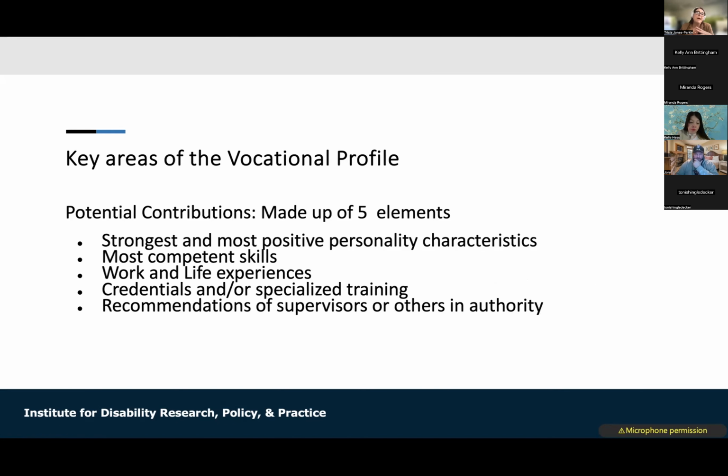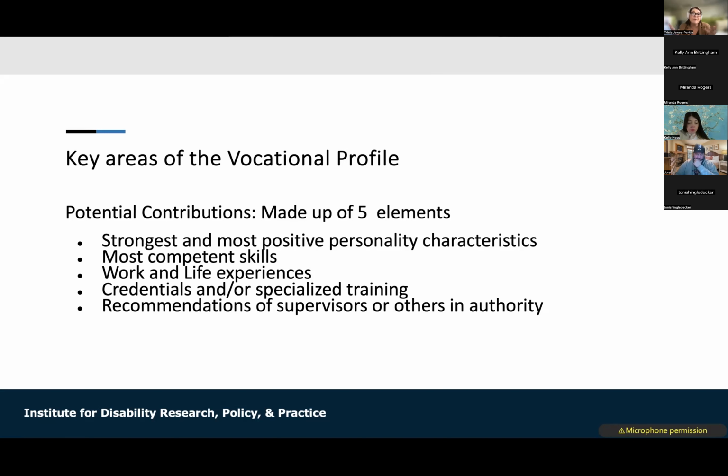So when we talk about somebody's potential contributions, it's made up of essentially 5 elements. We're looking at those strongest and most positive personality characteristics, right? I think everybody knows what those are. Their most competent skills, work and life experiences. So what are some of those experiences that they bring to the table?